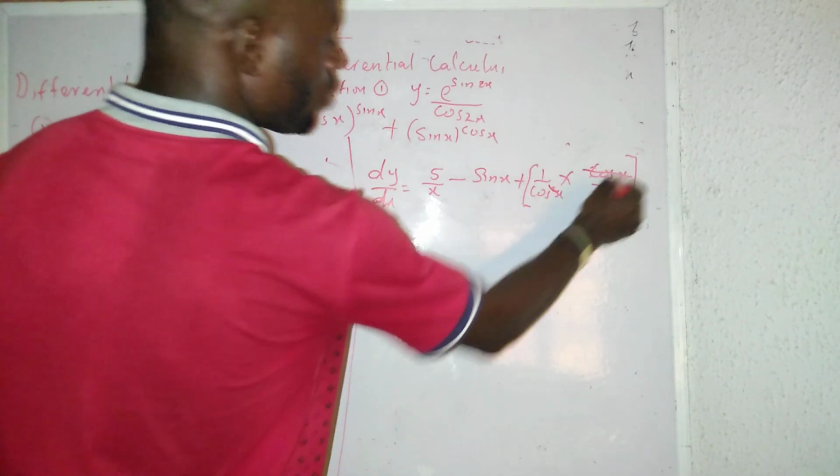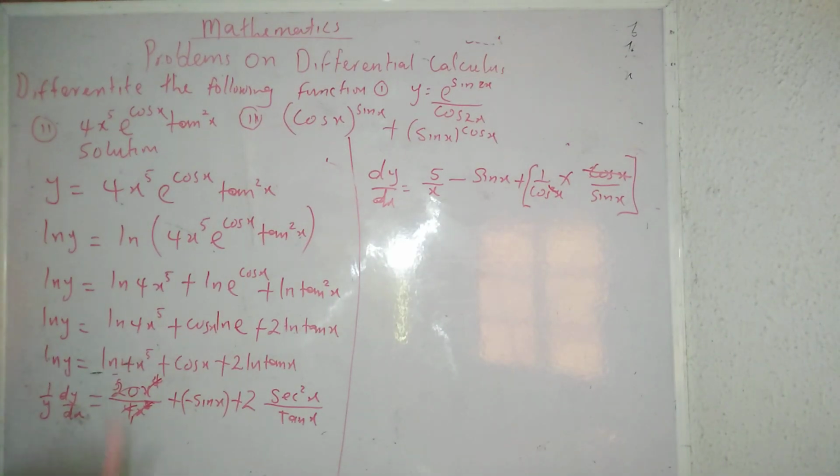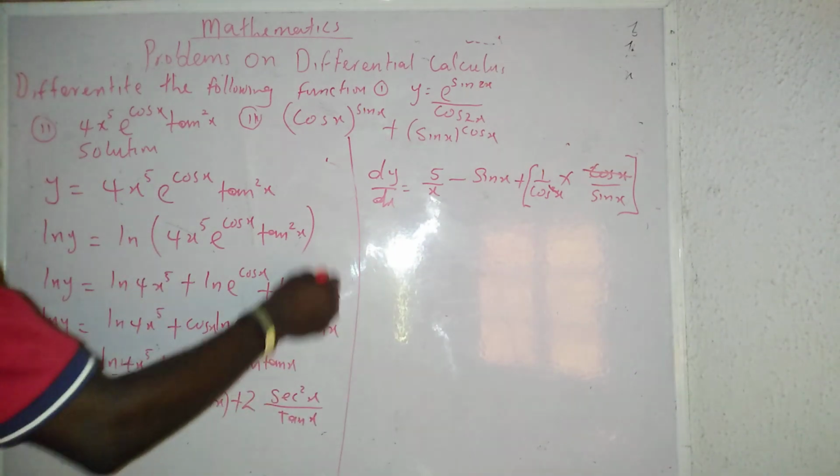The square will cancel one of the cos, and it remains only one cos.